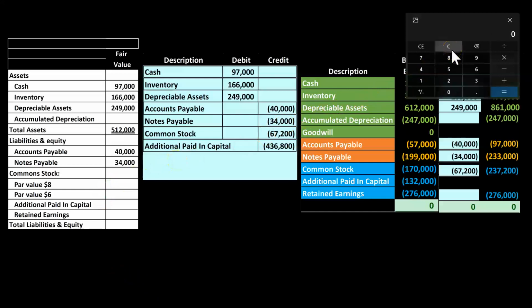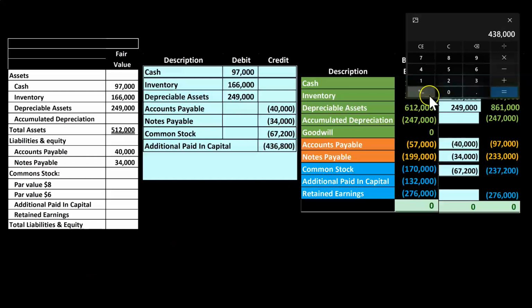If we think about this as a transaction, you might say, hey, look, we got 97,000 cash plus 166,000 worth of inventory plus the 249,000 of fixed assets minus the liabilities we incurred, 40,000 accounts payable minus the 34,000 of the notes payable.